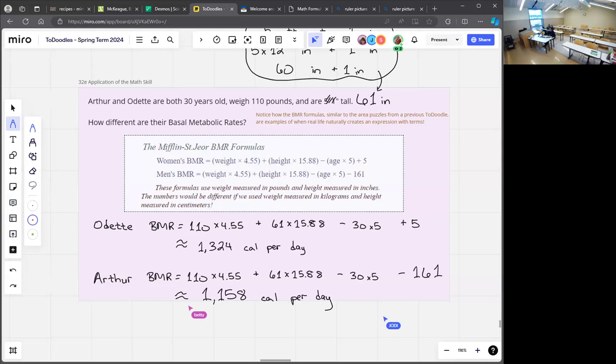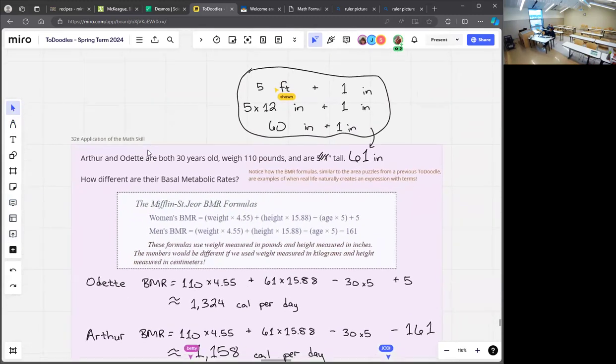I want to highlight that the hardest part of this problem was what we did up here to get ready. They gave us a height in feet and inches, but the formula only takes inches. So we had to do a little bit of setup. It's kind of obvious you have to do something. You can't really plug in 5 foot 1 inches here.